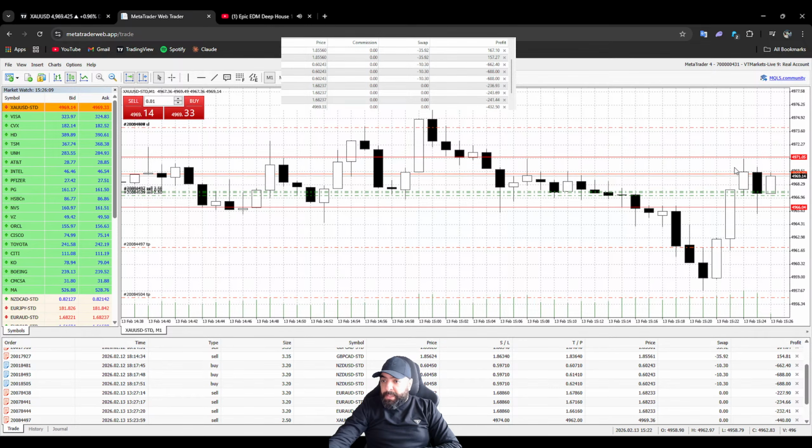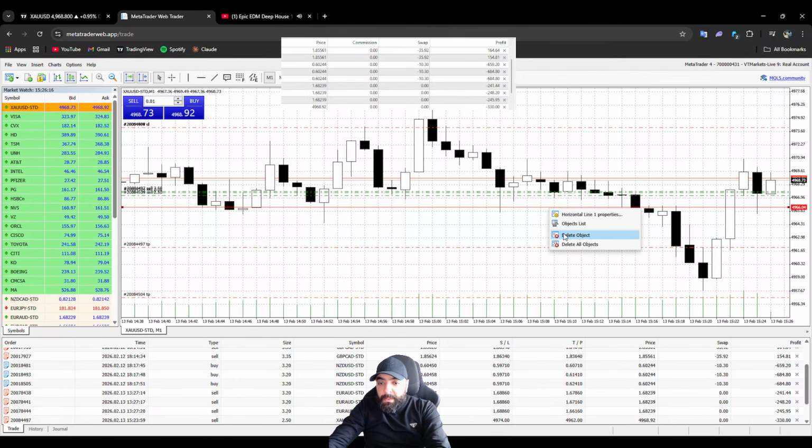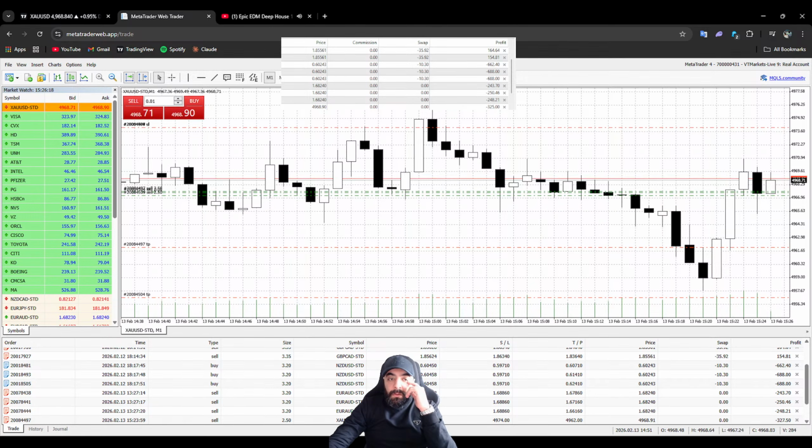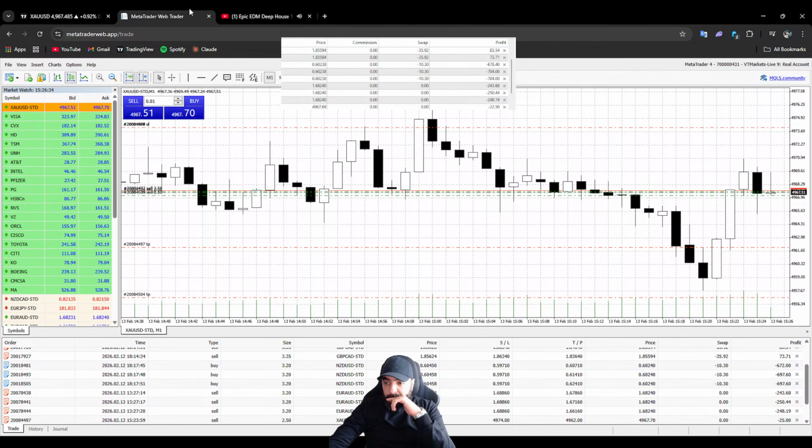So, and this is how my trade looks. Let me quickly remove this. And come on, at least get to my TP1 so I can move the stop loss to the entry.